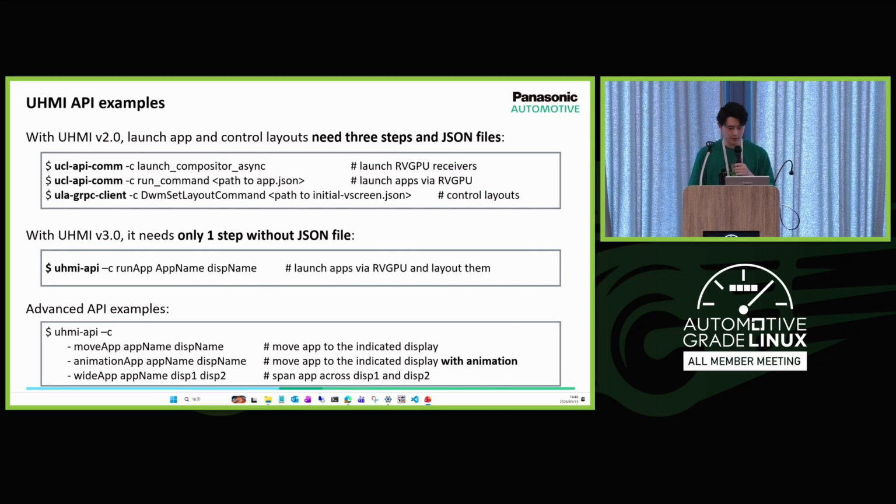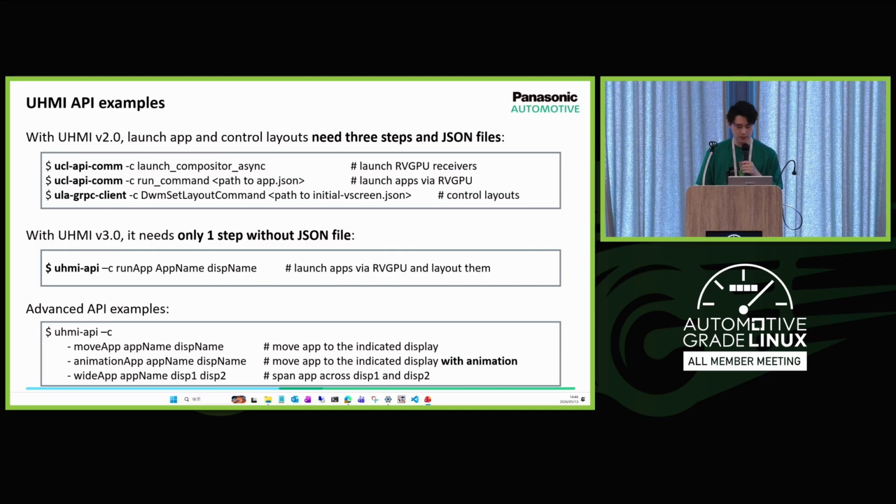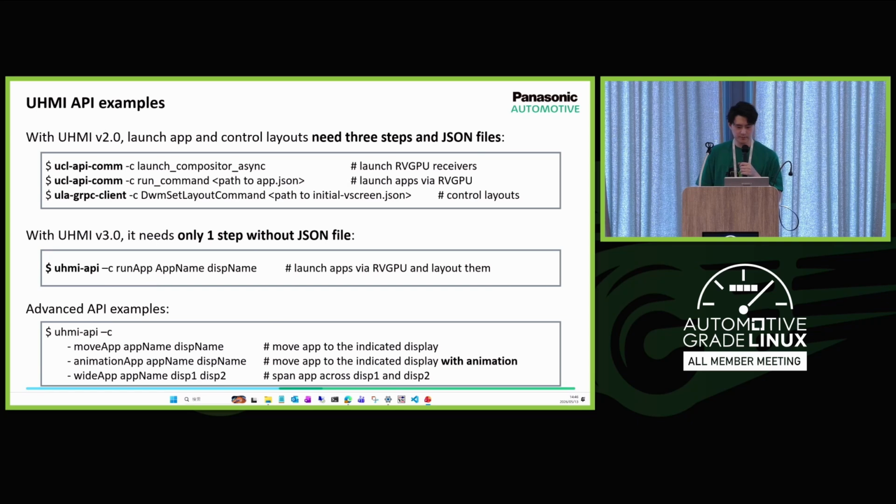So with Unified HMI version 3, this workflow is significantly simplified. Launching an application and controlling its layout can now be done with a single command without relying on JSON commands at runtime. Developers only need to specify the application name and the target display. We also provide advanced commands as API options.